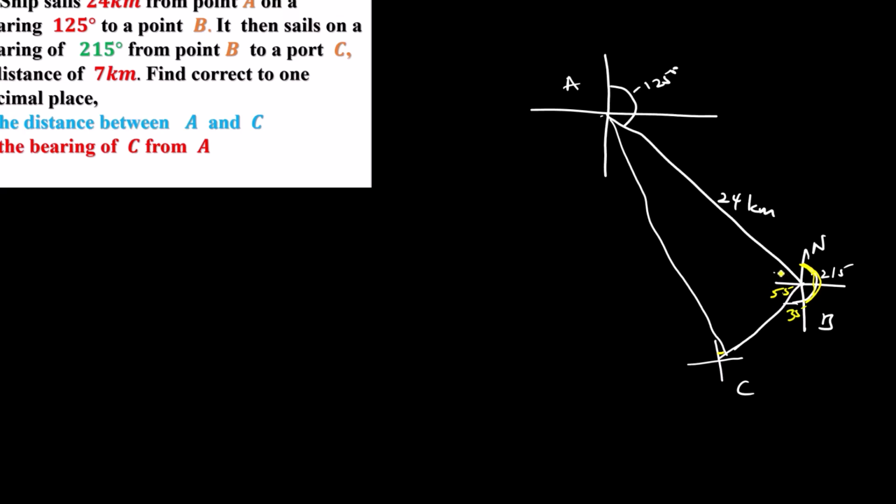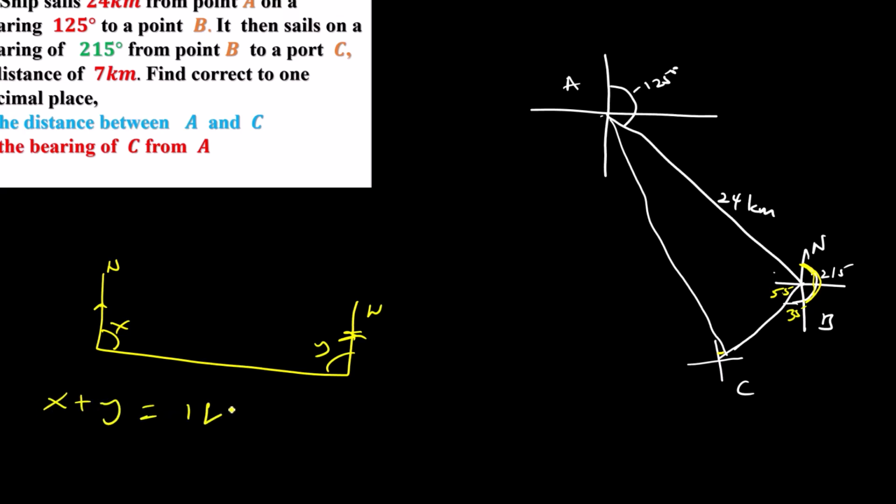So we need to know this side as well. Now let's use the analogy of the first 4 lessons, whereby given 2 lines here being parallel, the angles from here, x plus y will give us 180 degrees.